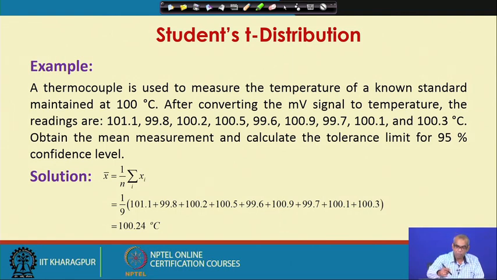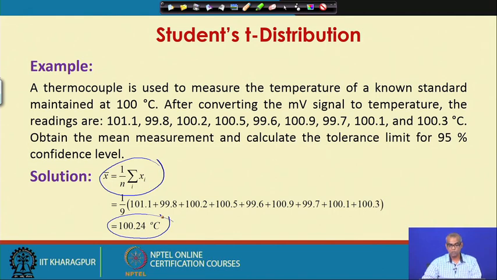The mean can be computed in a straightforward manner from this equation, and it happens to be 100.24 degrees Celsius. So, this is the mean of the measurements.